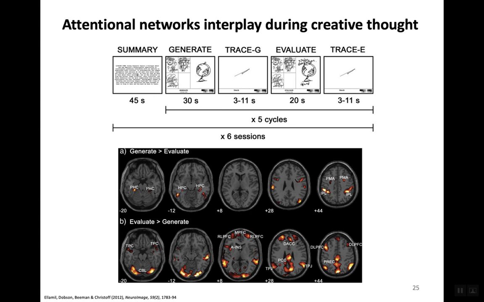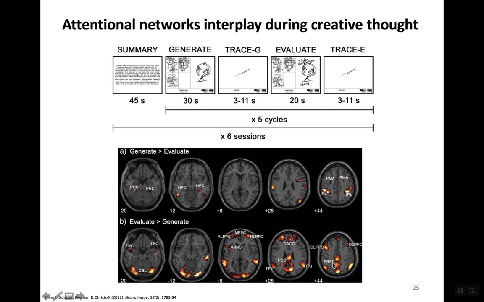So for instance, we can see some of the familiar culprits by now, such as the dorsolateral prefrontal cortex. We can see the dorsal anterior cingulate region. We can see parts of the parietal lobe, including the temporoparietal junction and the precuneus and so on and so forth.